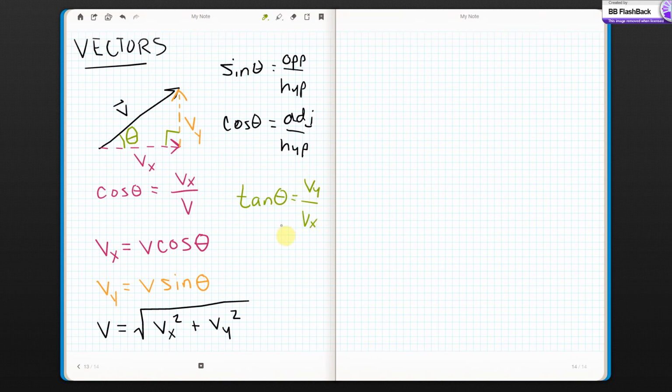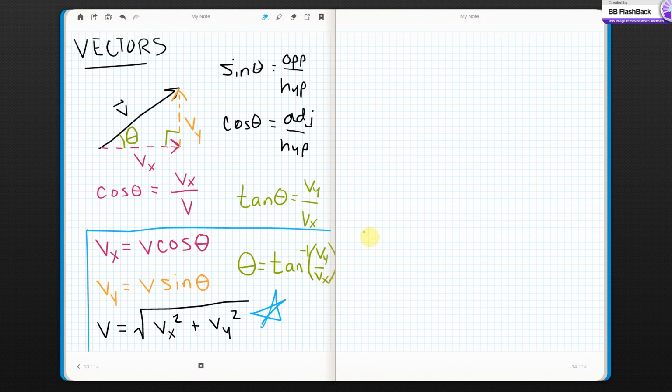So if I wanted to know the angle, I would take the inverse tangent of the y component divided by the x component, like that. So you're really going to need these equations. These are important. Write them down.